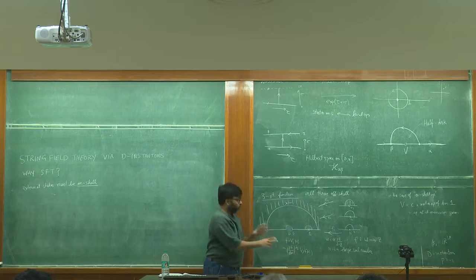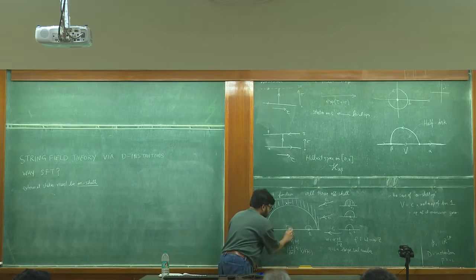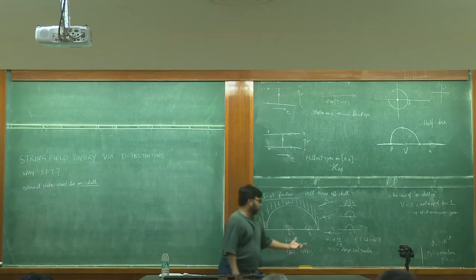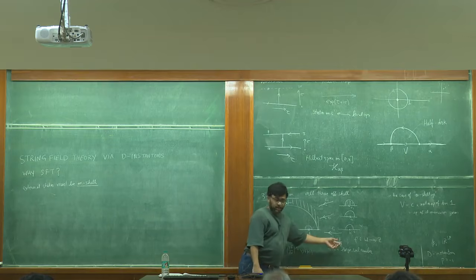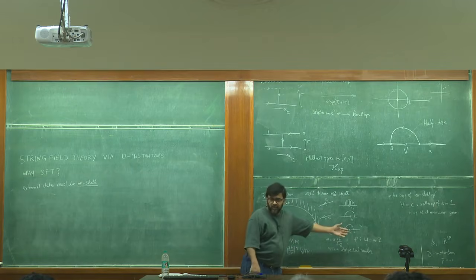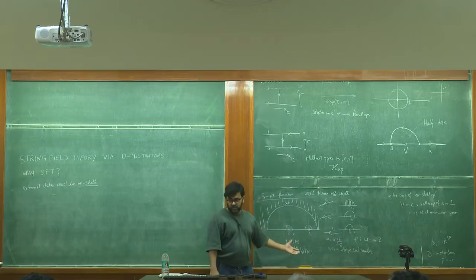You don't want to mess around with individual disks overlapping in order to do that construction. And the other operator can be anywhere, 0, 1 and infinity. Yes, that's a choice, because basically it's a choice of this function. In these pictures, they're always inserted at 0. When you do this transformation, it will go wherever f1 of 0 takes it. And here I just picked f1 of 0 to be 0.